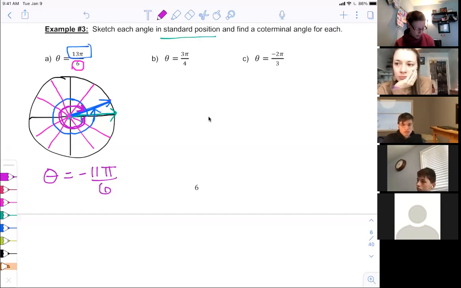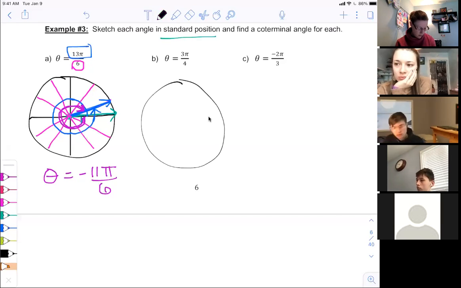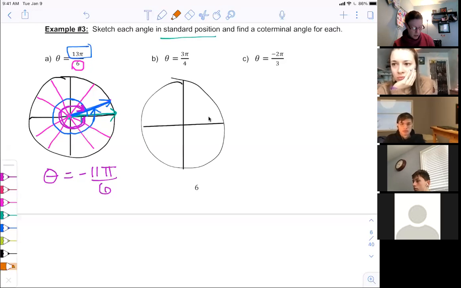I'm going to draw one more angle for us. Let's look at the next one. So we have 3 pi over 4. The denominator tells us how many pieces of the pie to place in half of your pie. So I have to have 4 pieces on the top and 4 pieces on the bottom.